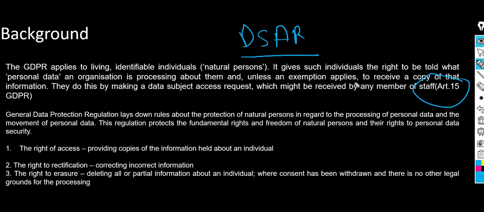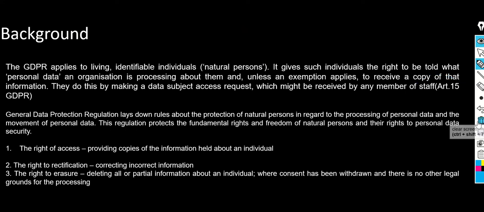Before seeing the methodology we need to adopt, we need to see what those rights are. There are a total of 7 rights given to individuals. The first right is the right of access. If an individual wants a copy of the information you are holding, then we need to provide that information to the individual. Another is the right of rectification.